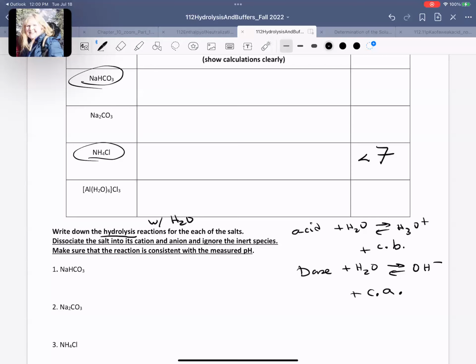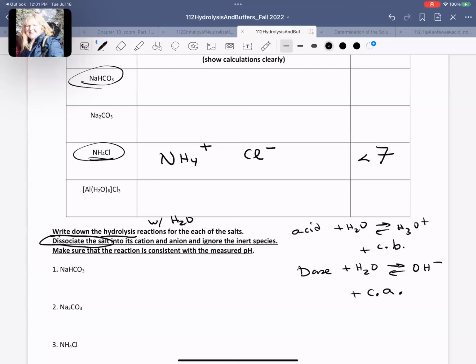If I'm going to look at ammonium chloride, in order to write the hydrolysis reaction of salts, I have to ionize or dissociate them first. We're going to dissociate our salt into its cation and its anion. If I look at ammonium chloride, that is going to break into ammonium plus and chloride minus.